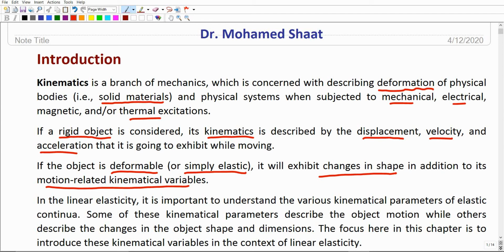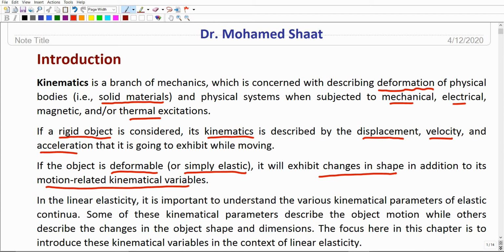So generally, to describe the motion, we describe it through displacement, velocity, and acceleration. For example, the velocity is defined as the rate of change of the displacement, and the acceleration as the rate of change of the velocity of an object. So these are different kinematical parameters. But in addition to these parameters, in case we have a deformable object that is moving, for its kinematics to be fully described, it's required to describe the displacement, the velocity, and acceleration.